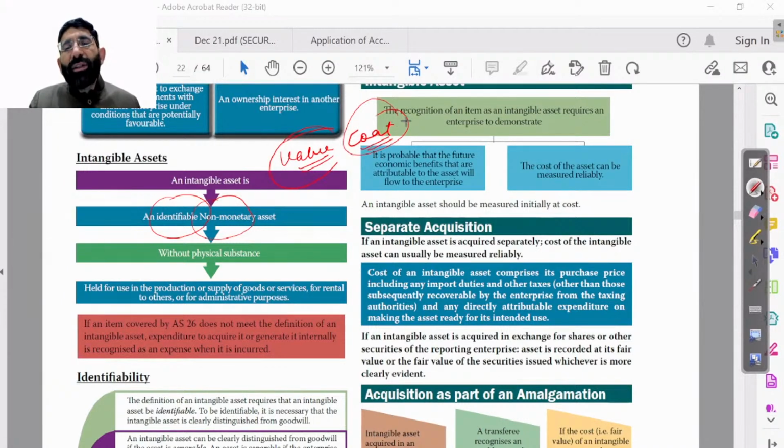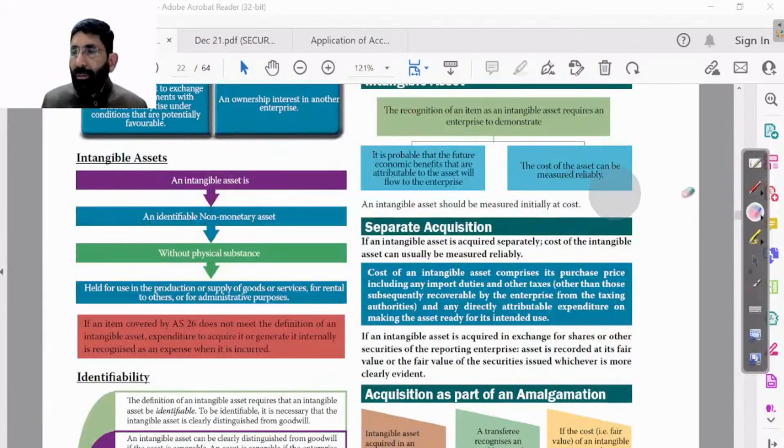So whose value is fixed and universal, meaning similar for everyone, that is simple coat pant. So that is a monetary asset, but whose value is subject to change from person to person, that is not a fixed value.